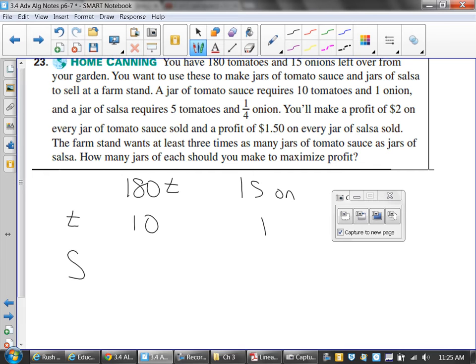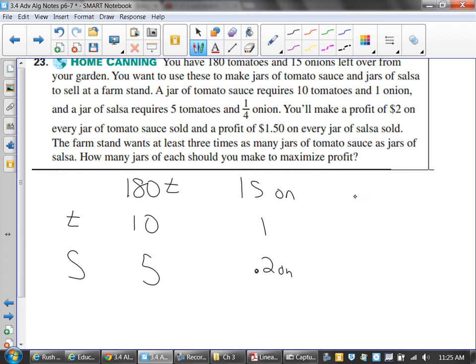The salsa uses 5 tomatoes and 1/4 of an onion. That's really boring salsa. It tastes good. You make a $2 profit on tomato sauce. You make $1.50 on salsa.